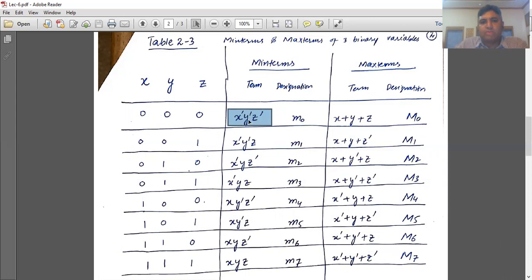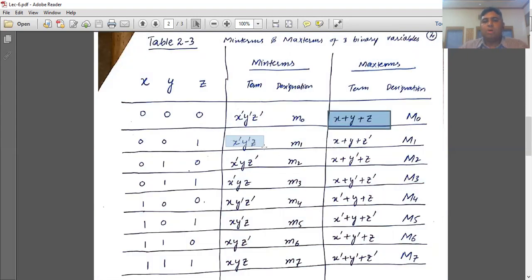So x bar, y bar, z bar are combined with AND gate, so we will convert the AND gate into OR gate: x plus y plus z, and we will complement each literal. Complementing each literal means that if there is a literal with a complement, you remove its complement, and if there is no complement, then you add a complement. So x bar, y bar, z bar will become x plus y plus z.